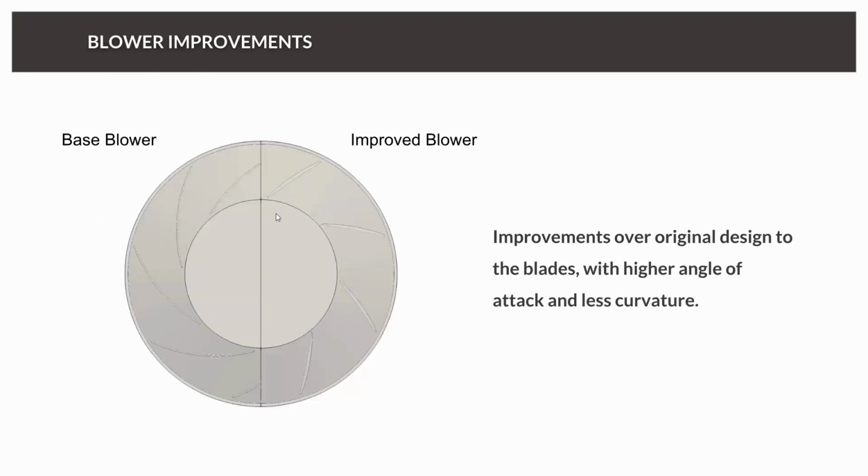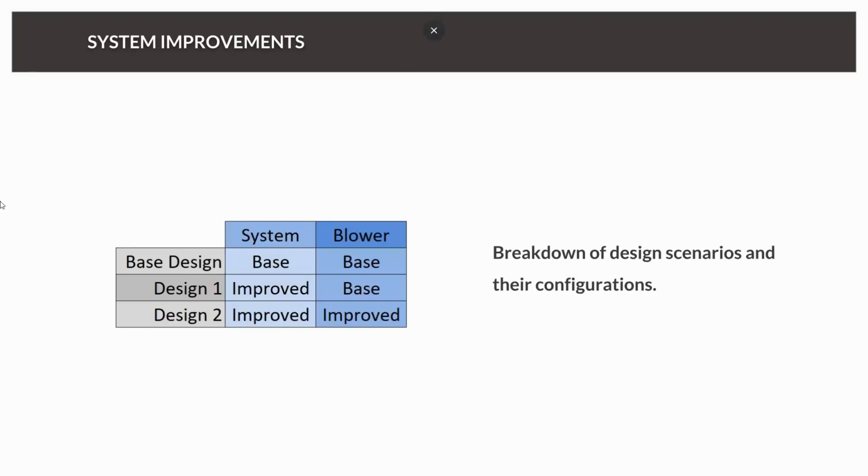And regarding the blower, we used a smarter design for the profile. Here you can see the initial blades were just bent plates, while here we really have a kind of wing profile. And also we have a higher angle of attack and less curvature. And this actually allows us to test 6 different configurations.